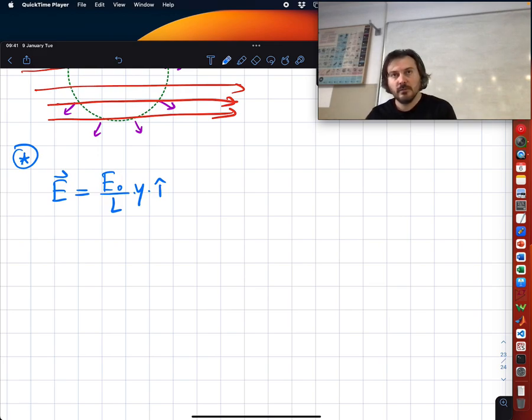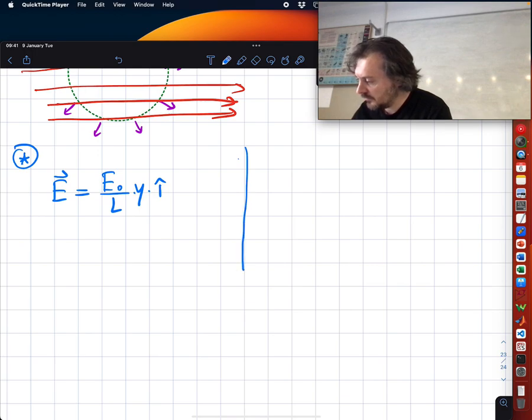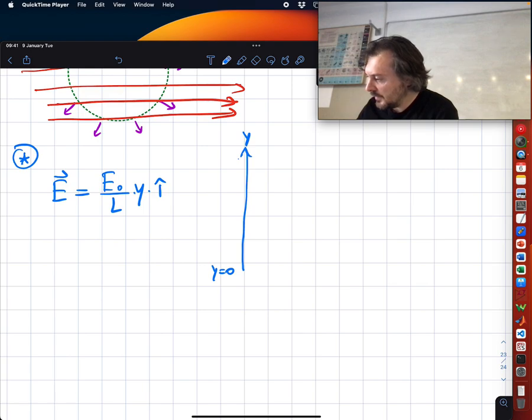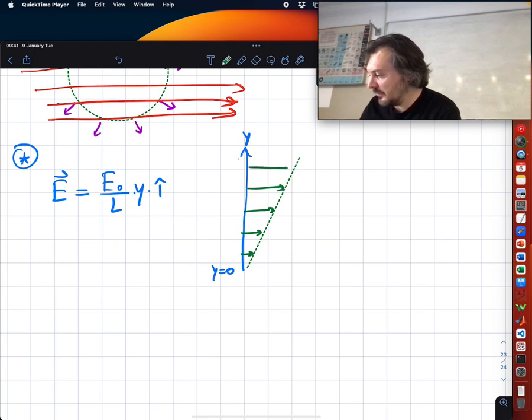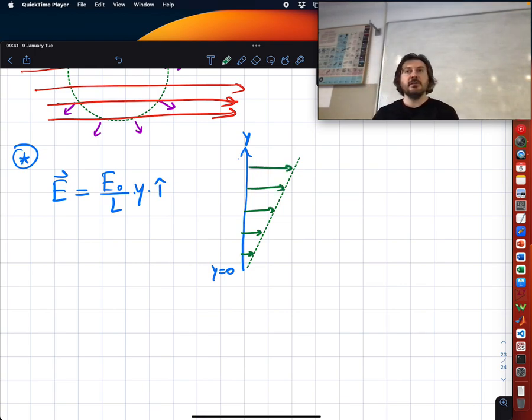It is in the x direction, and as we go up in the y direction, it increases. Very good. So this is the y-axis, and when y is 0, the electric field is 0, but then it increases. It's larger here, larger here, larger here. Yes, everybody understands this?